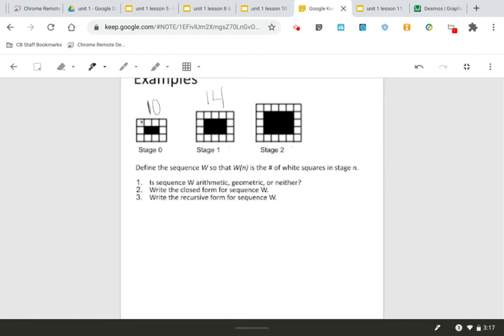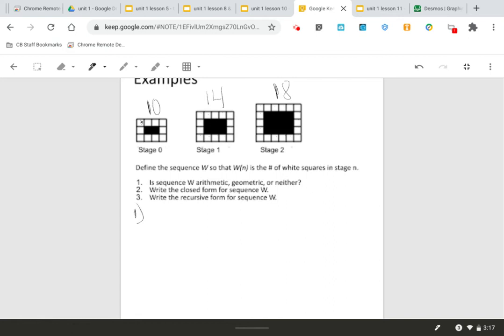So 14 white squares in stage 1. Stage 2, we get 1, 2, 3, 4, 5, 6, 7, 8, 9, 10, 11, 12, 13, 14, 15, 16, 17, 18. So 18 white squares in stage 2. So we count that. Now let's answer the questions.